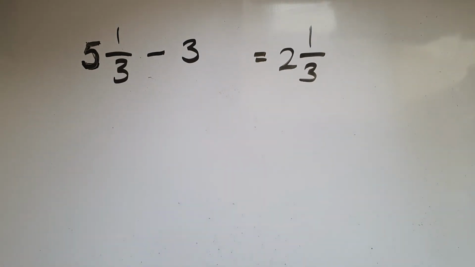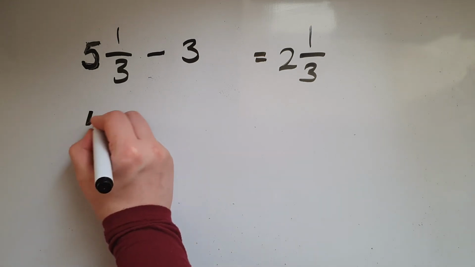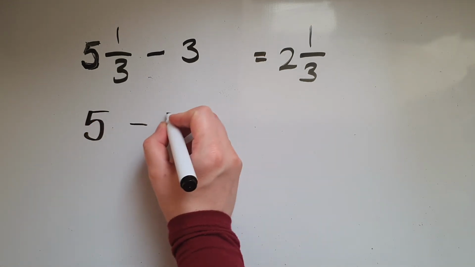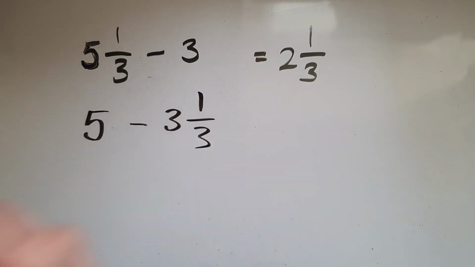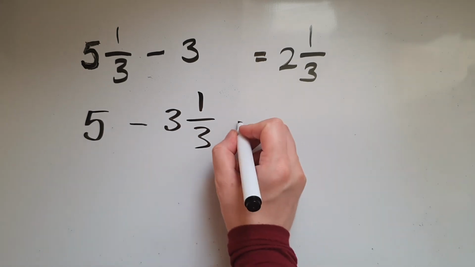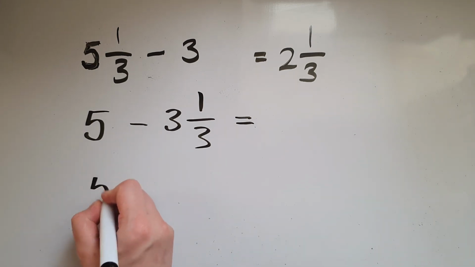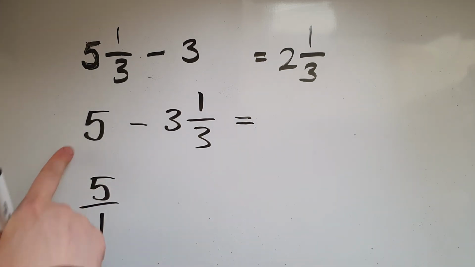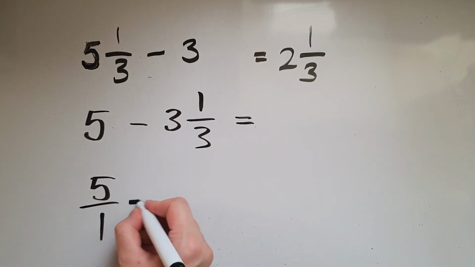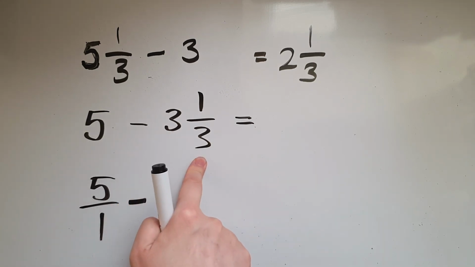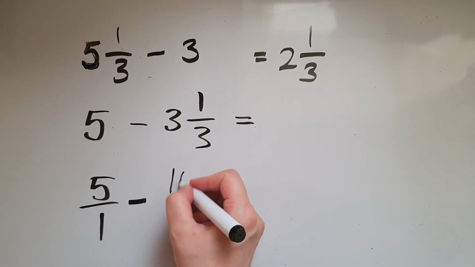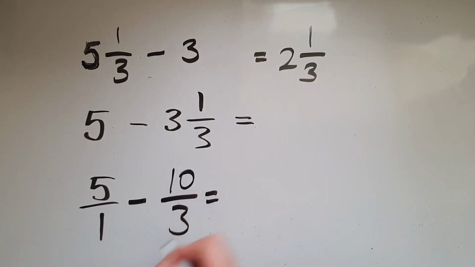What if it's the opposite, as in we have 5 take away 3 and 1/3, for example? Then again, we'll just convert them into fractions, both of them. So this would be 5 over 1, take away 10/3.